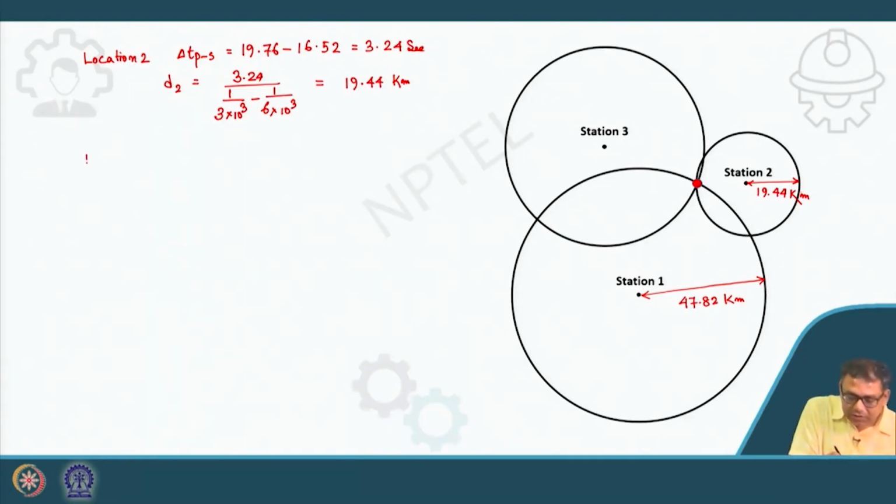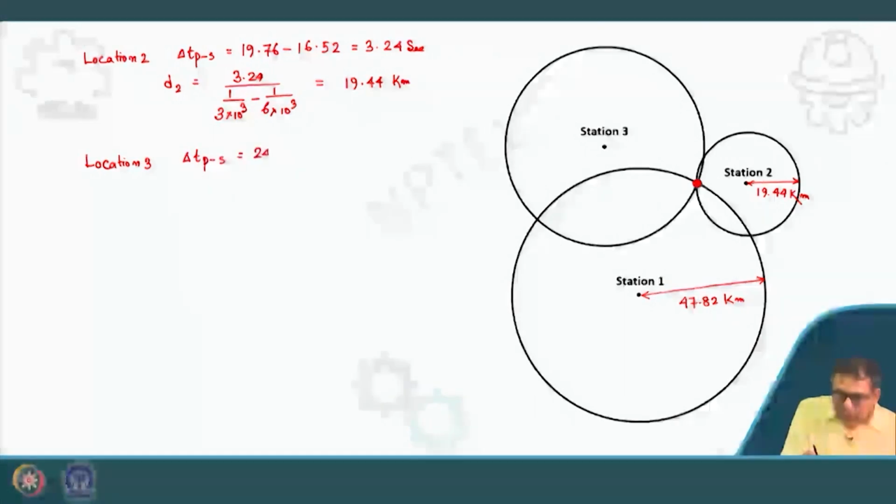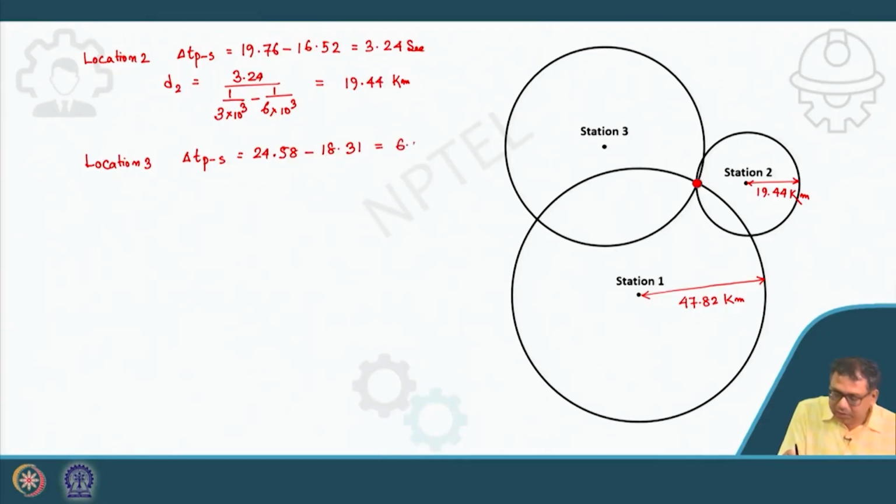Now, for location or station 3, the del TPS is equal to 24.58 minus 18.31, that is equal to 6.27 seconds.